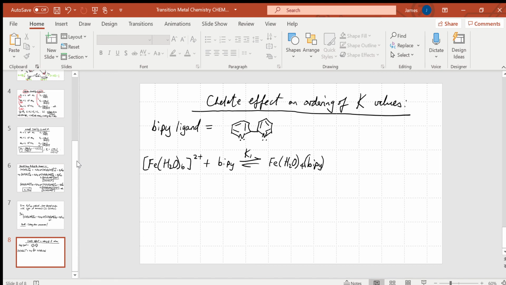So we've got 1 Bippy, but 1 Bippy occupies 2 spots. We've lost 2 water. We've now got 1 Bippy, but neither one has altered the charge. So we've kicked out 2 water molecules.